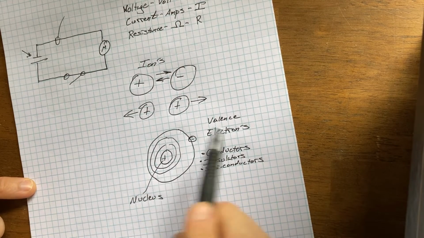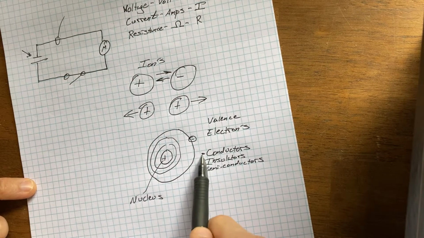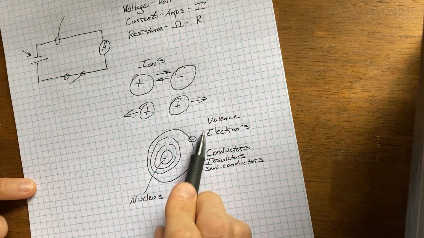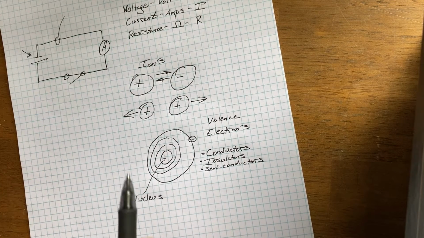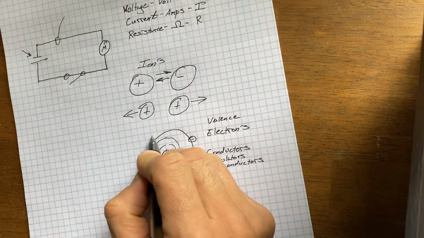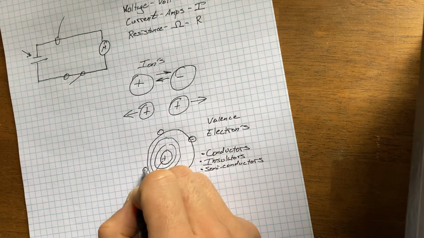So tying this back to valence electrons, what makes the difference between a good conductor, a good insulator, or a semiconductor is how many valence electrons each one of them has. If you have a conductor, it's going to have 3 or fewer valence electrons.